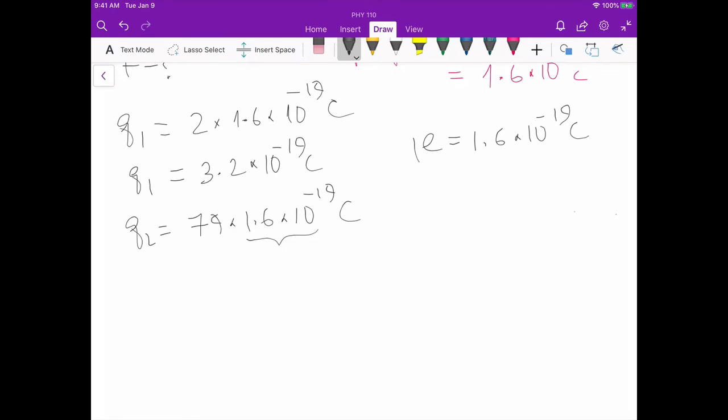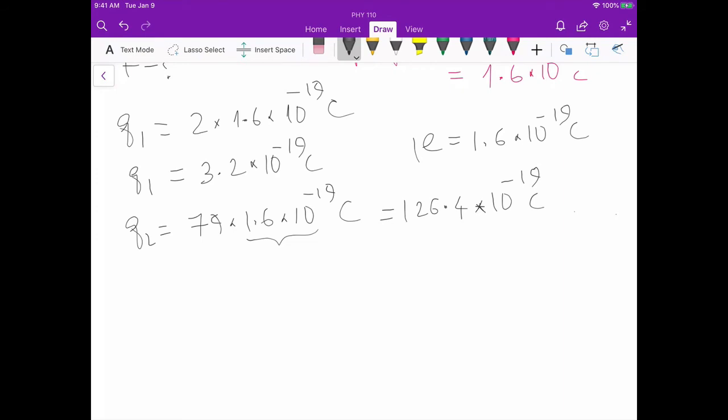Then if you do the calculation, let me find my calculator, 79 times 1.6 is 126.4 times 10 to the power of negative 19 Coulomb. All right.